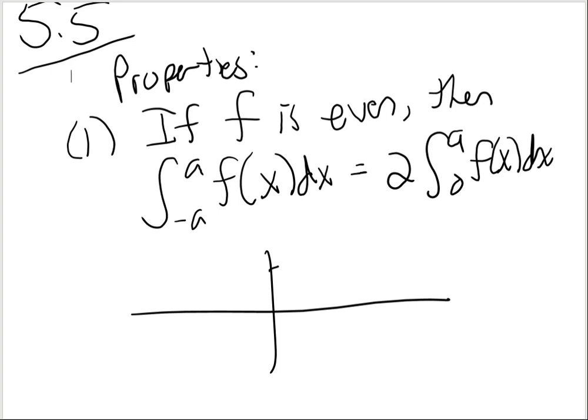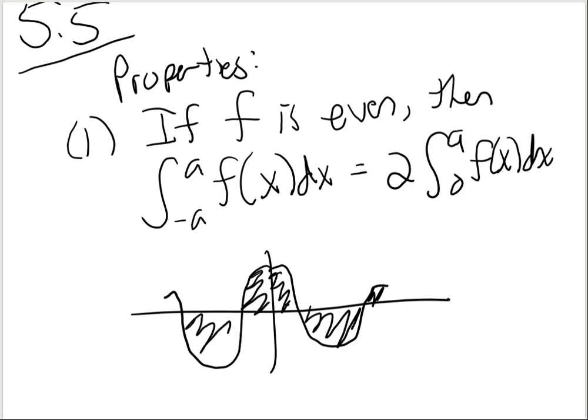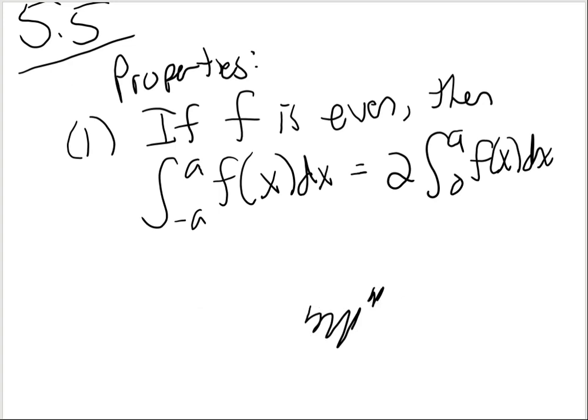Well, if you have an even function, its behavior on the left is the same as its behavior on the right. So to do it once and to count it twice is the same as to do the other side, right? Because both sides are the same thing. So since both sides are the same thing, you could just do the one side and add it again.